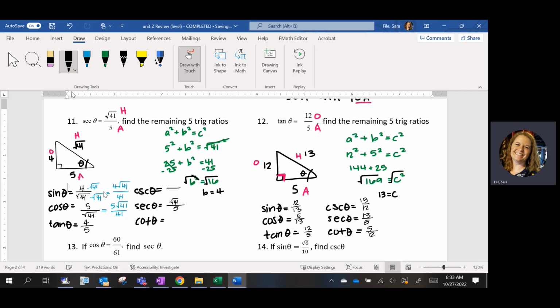Cosecant is the reciprocal of sine. Do not try to take the reciprocal of your rationalized answer, because then you're putting the radical back in the denominator and you've got to do it all over again. Go back to where it was 4 over root 41 and just flip that. So it's root 41 over 4. No radical in the denominator, so those are good. And then the reciprocal of 4/5 would be 5/4.